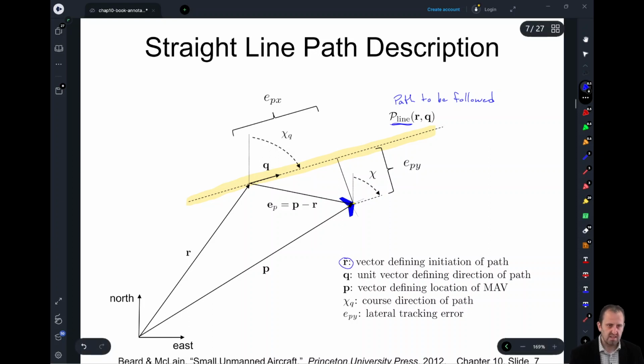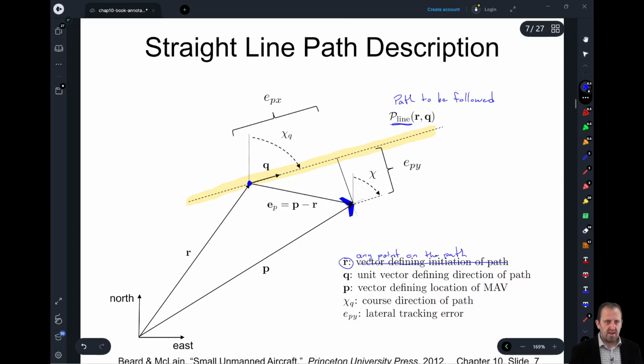This is a vector we define in the inertial frame, going from the origin to a point on the line. Realistically, we call it the vector defining the initiation of the path. We could just define it as any point on the path.